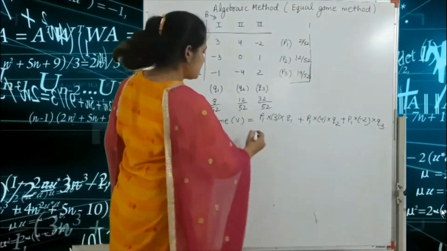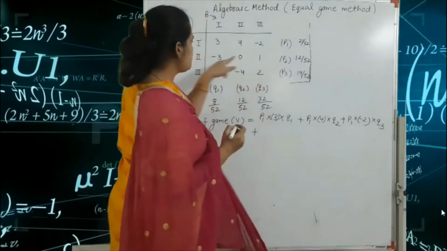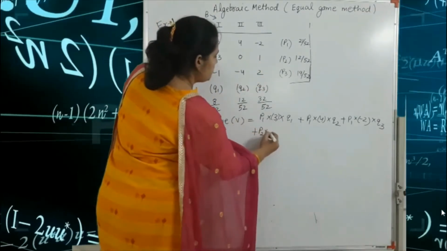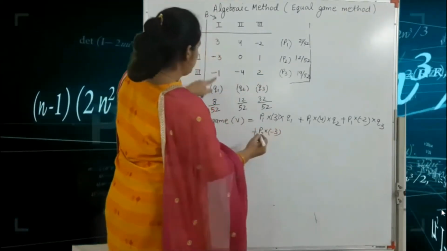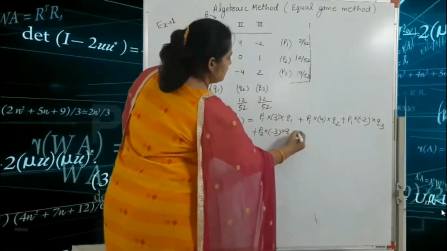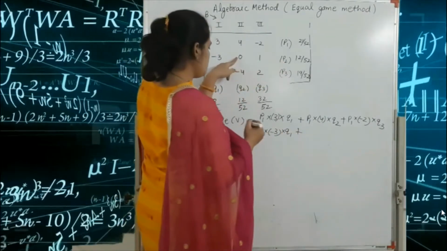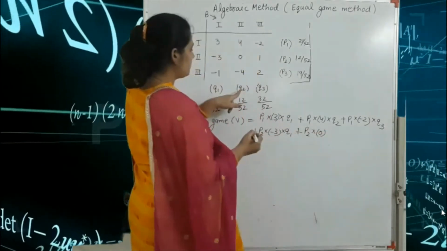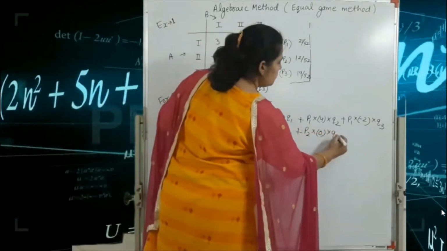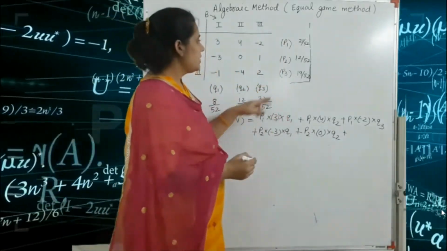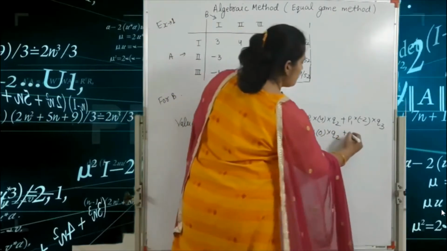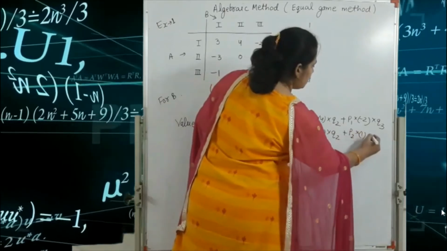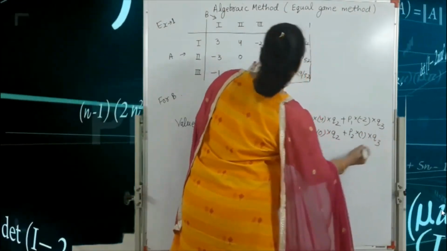Next is plus P2 into minus 3 into Q1, P2 into 0 into Q2, and P2 into 1 into Q3.